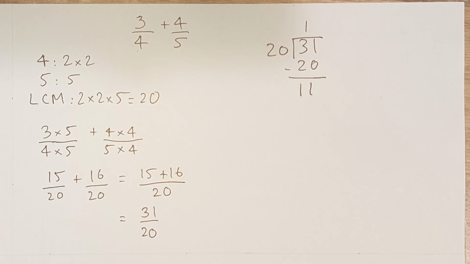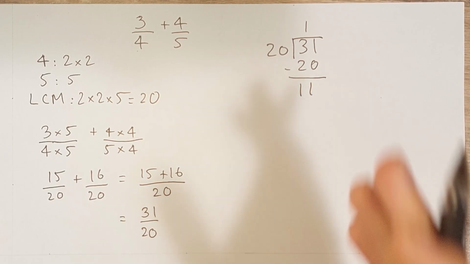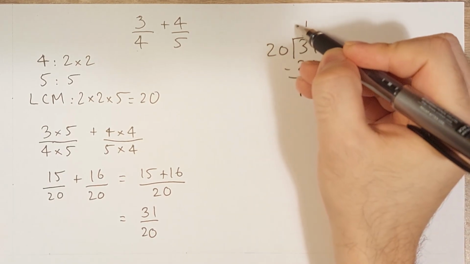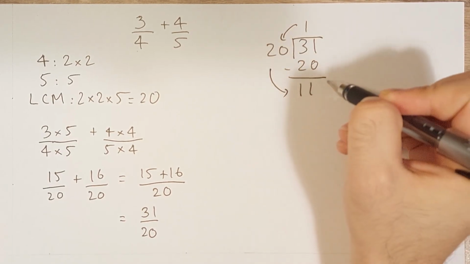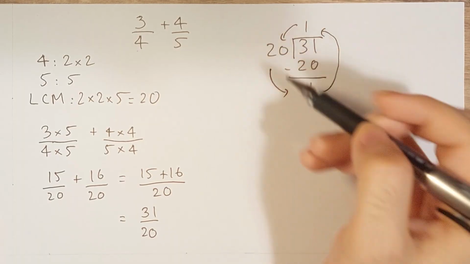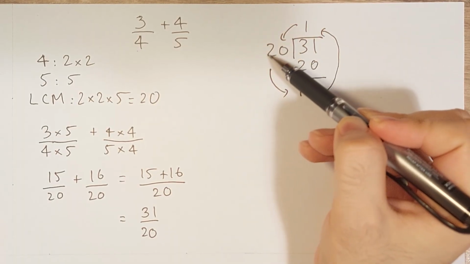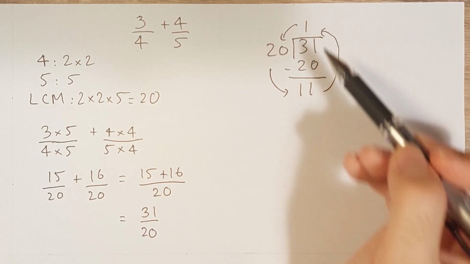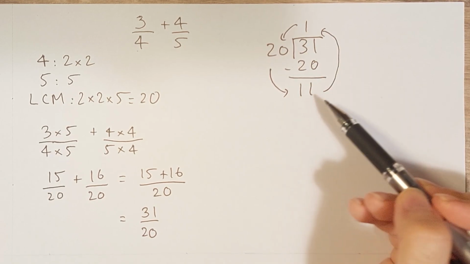Now there are two ways of converting or writing this as a mixed number. One method is you can draw arrows like this. Right now, the number on the left is the divisor. The number at the top is the quotient, and the number at the bottom is the remainder.